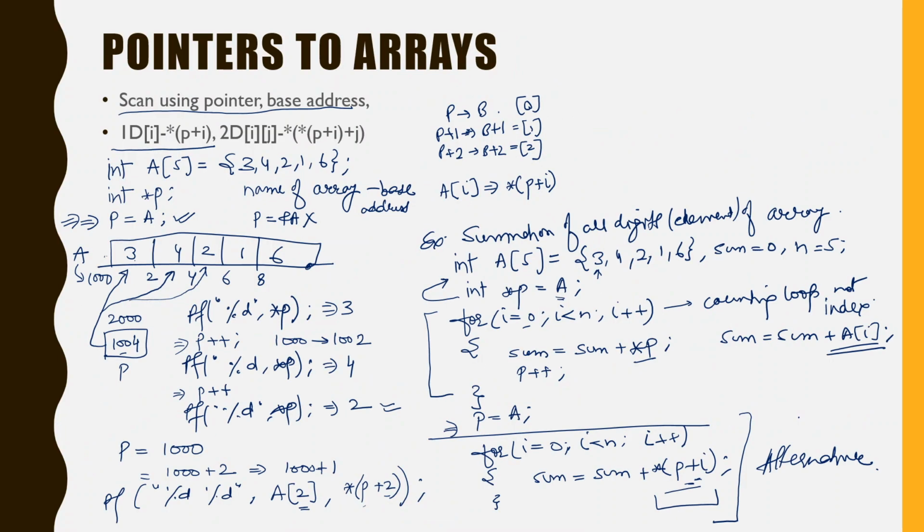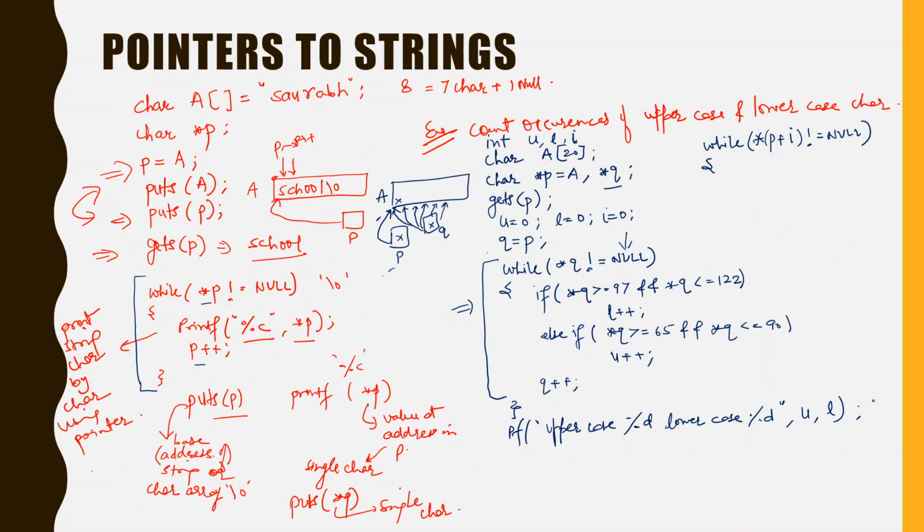This is the same method that we saw as an alternative to access the array. Here you can check pointer p plus i in both conditions everywhere. Instead of pointer q, pointer q will be replaced with pointer p plus i.